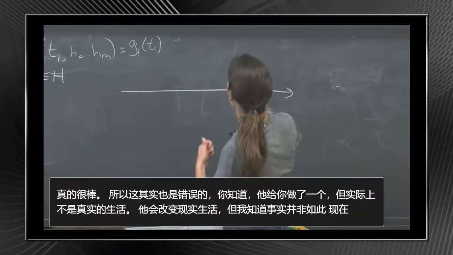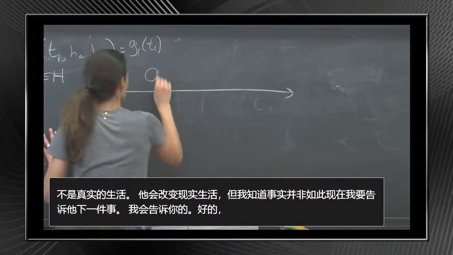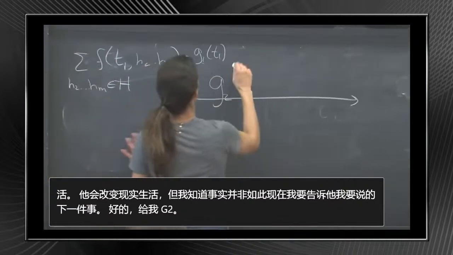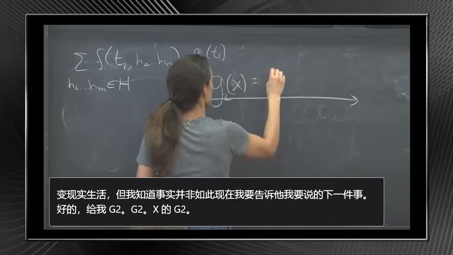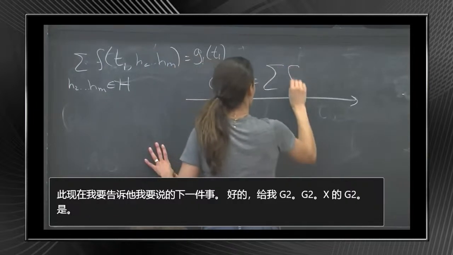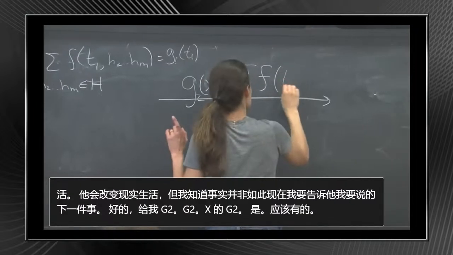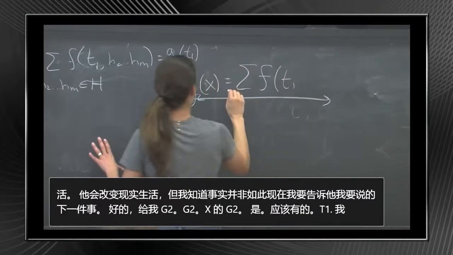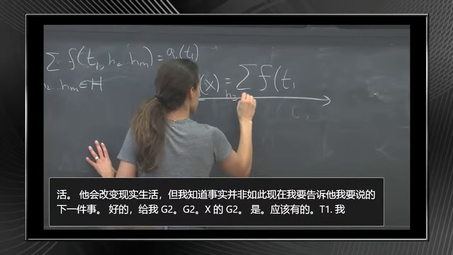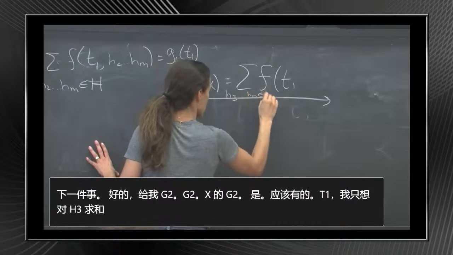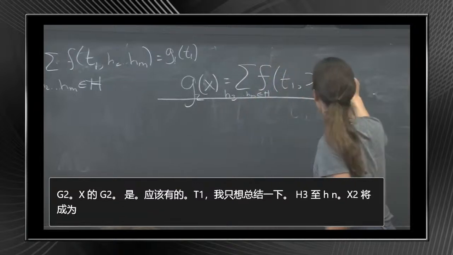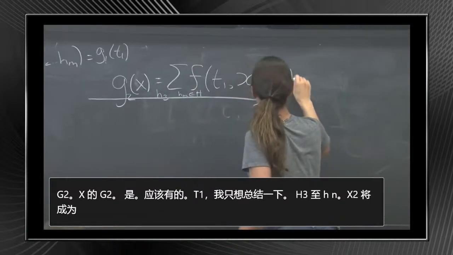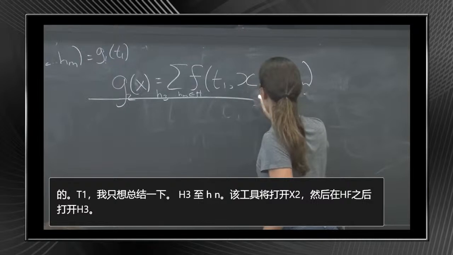Now I'm going to tell him, okay, give me G2. G2 of X is the sum of F of T1, X2, H3 up to HM. I'm only summing over H3 up to HM, and X2 is left open.